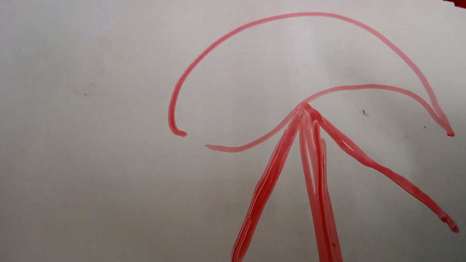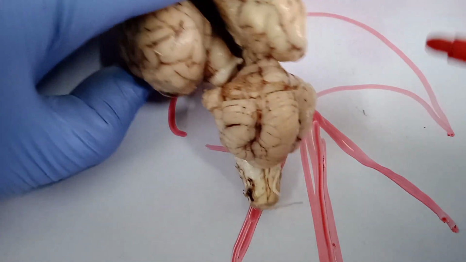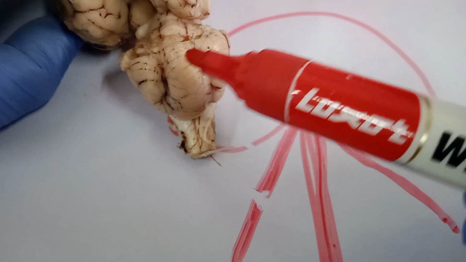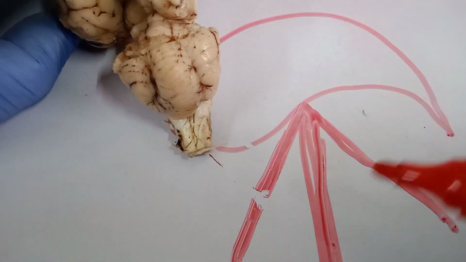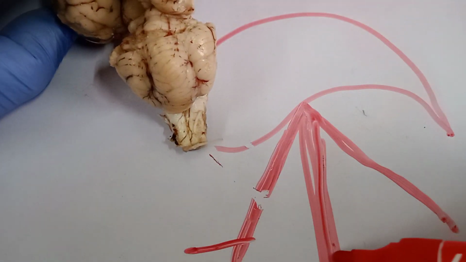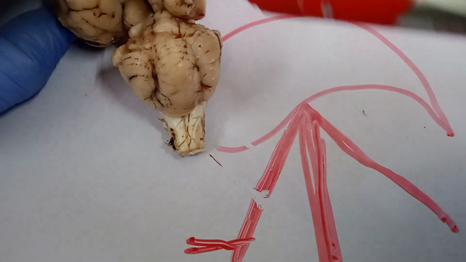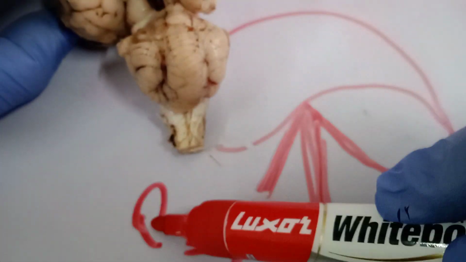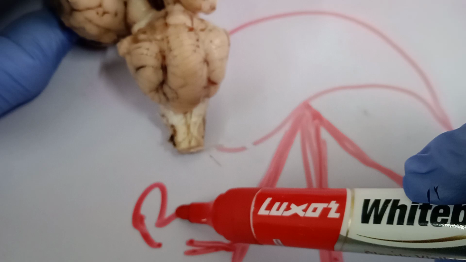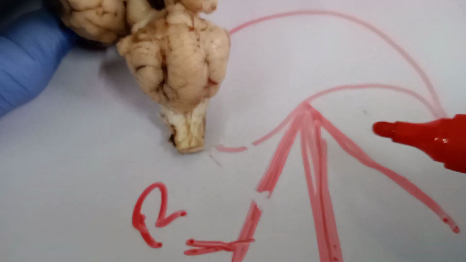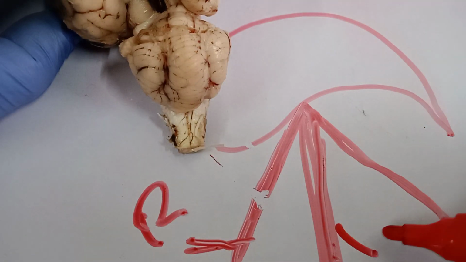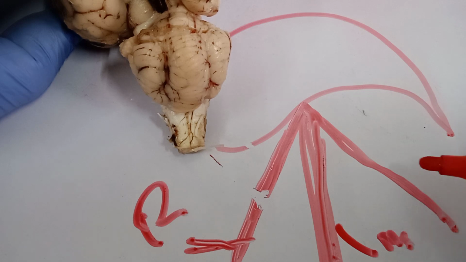So here you can see this is a cap, what you see on the surface, and underneath will be three stems. One will be on the front side, the rostral cerebellar peduncle, this will be the middle cerebellar peduncle, and this will be the caudal cerebellar peduncle.